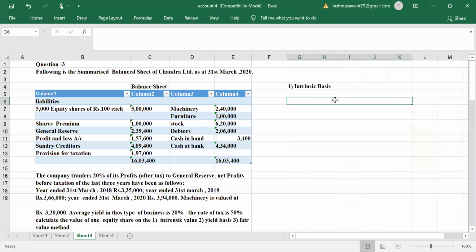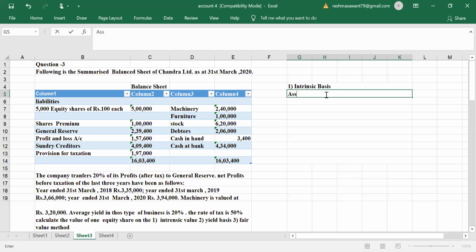For calculating the intrinsic basis, we need to find out the funds available to shareholders, and for that we use various calculations: machinery, furniture, and in this question all assets are considered except the value of machinery.